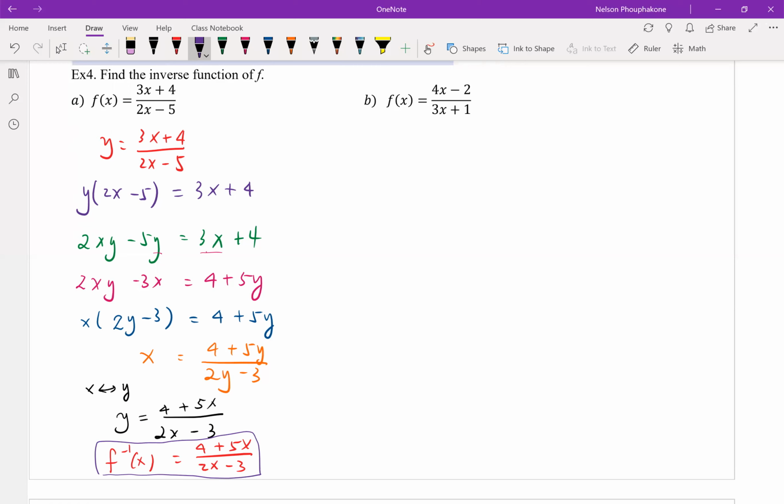Okay, again, I would like you to try B. So let's try. We have y equal to (4x minus 2) over (3x plus 1). And now I multiply both sides by 3x plus 1.